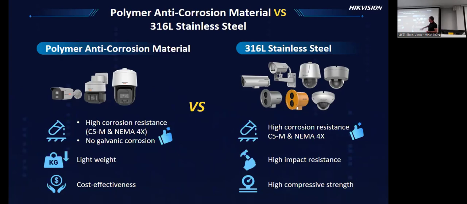Like this one here in orange, the two orange and gray ones, actually made to go 50 meters underwater. And they're extremely heavy. The cable coming out there is about this thick for the wiring goes to the top. So yeah, I would definitely recommend the polymer for cost effectiveness and lightweight. If you're going to install cameras on boats, which we have, and on oil rigs, then you look at the 316 stainless steel versions that's out there.